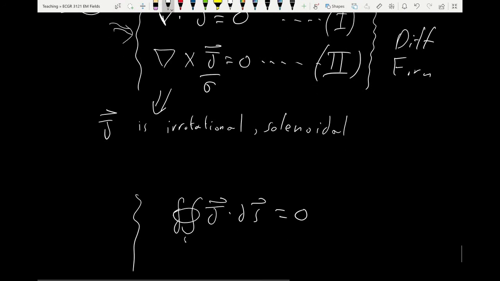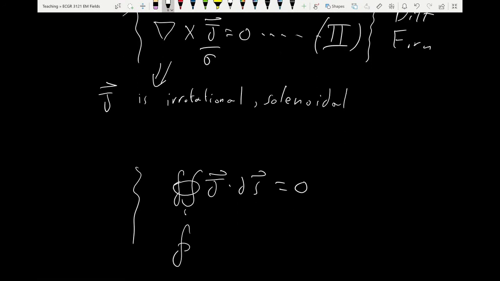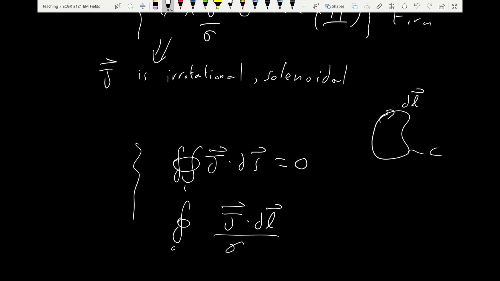And for the curl, the integral form is that the closed line integral of J dot dl over any closed contour C, divided by sigma, is 0. I don't really need the sigma, since I could take it to the other side and it becomes 0. But I would keep it because I may have a problem with different kinds of materials with different conductivities.